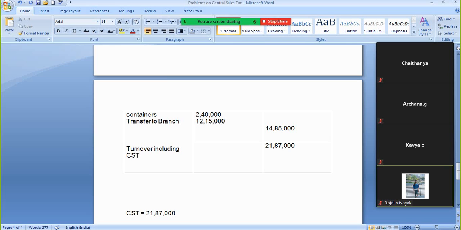What is the rate of CST? 2% divided by 102. So how much will you get? 42,882.